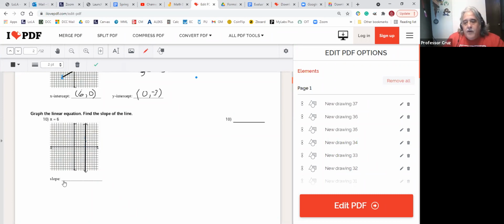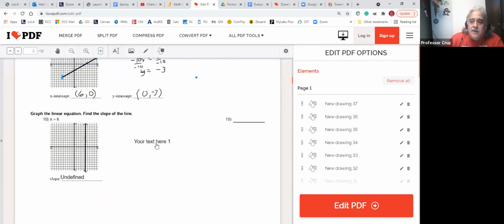So let me write it on here using the little text box. So that's an undefined slope.